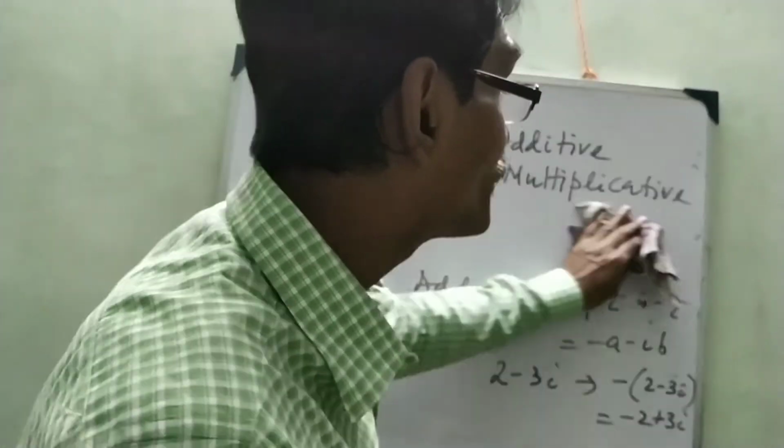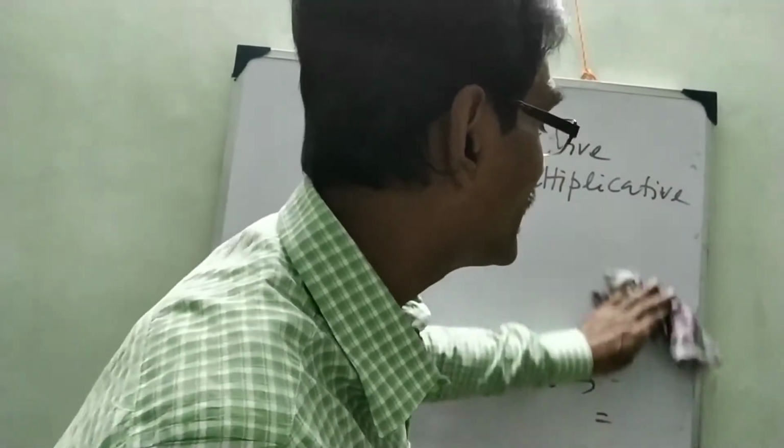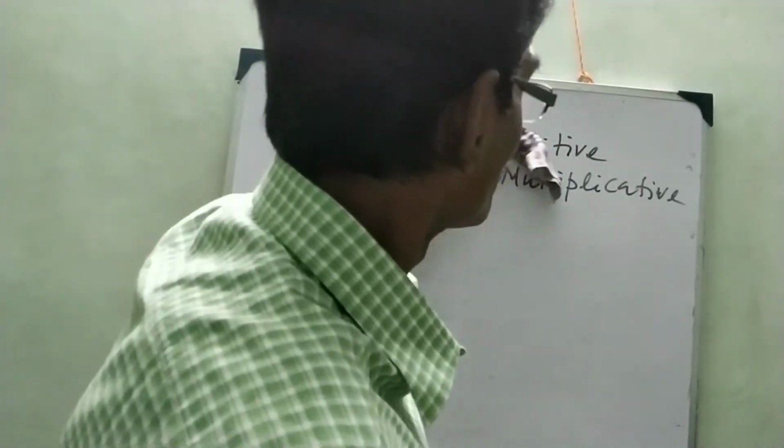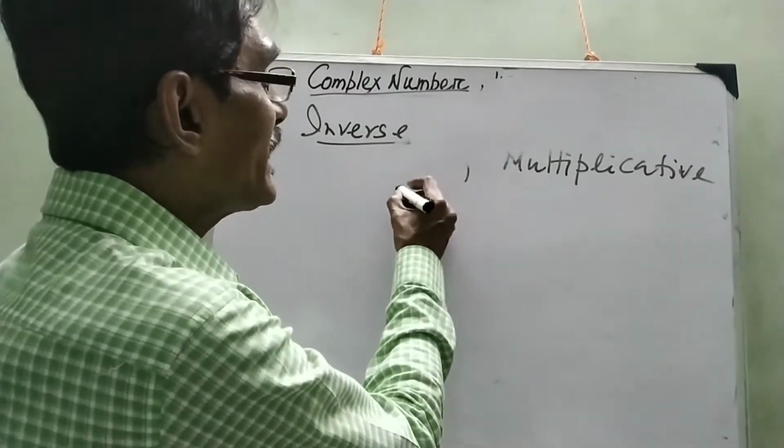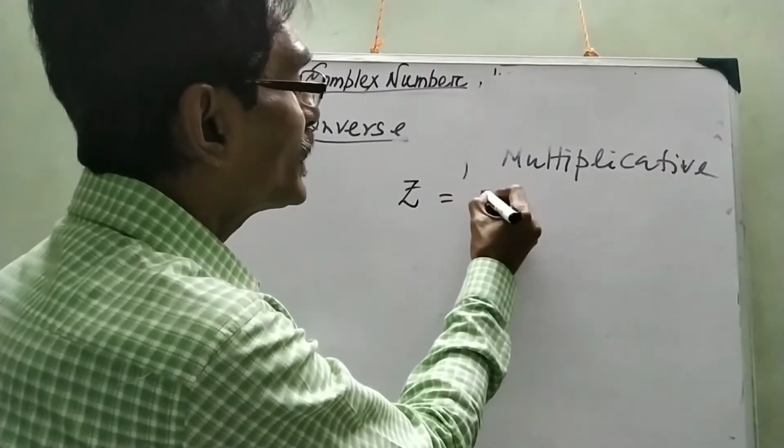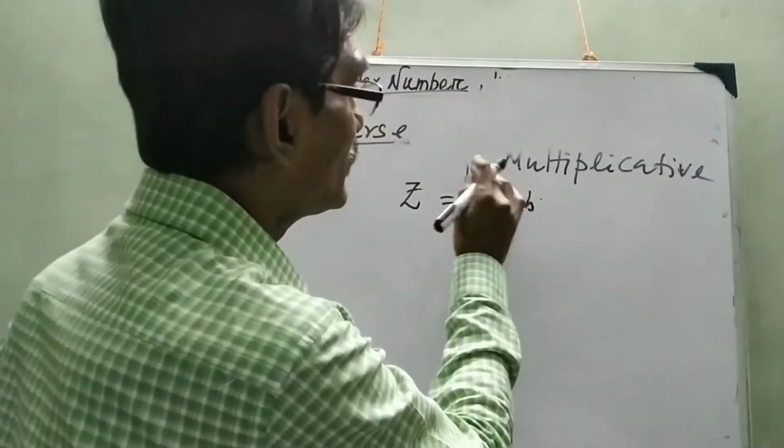Now the second one is important, multiplicative inverse. I am taking the same number, that is Z equal to A plus iB.